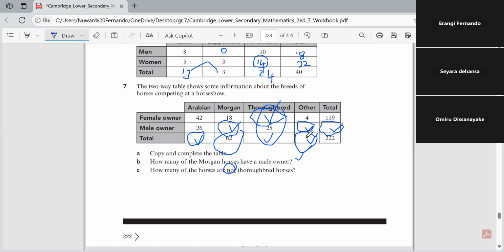So when you get without the thoroughbred, when you give the other total, what is the answer? 68, 62, and 12.